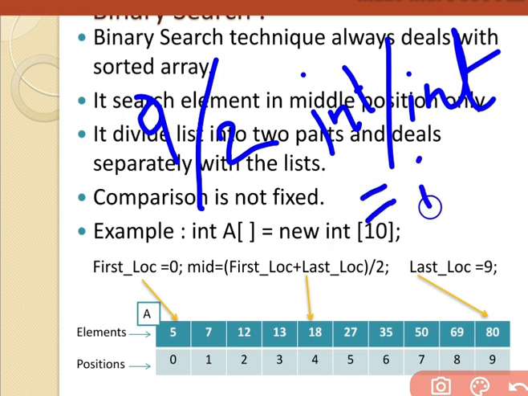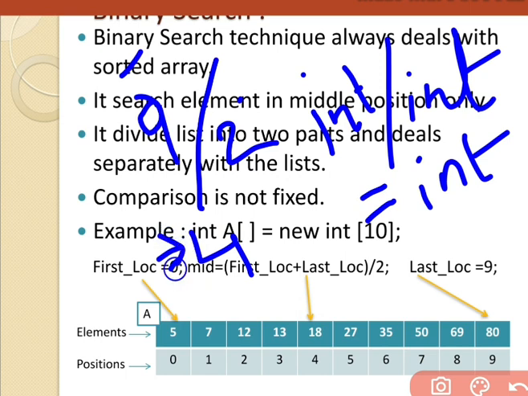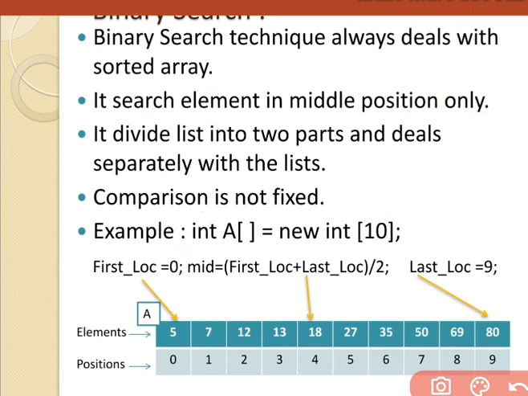Just remember, integer divided by integer is always an integer. 9 is an integer, 2 is an integer. Integer divided by integer is always an integer. That's why we are getting the answer 4. That's why the mid location is the 4th location. Is it clear? I think so.